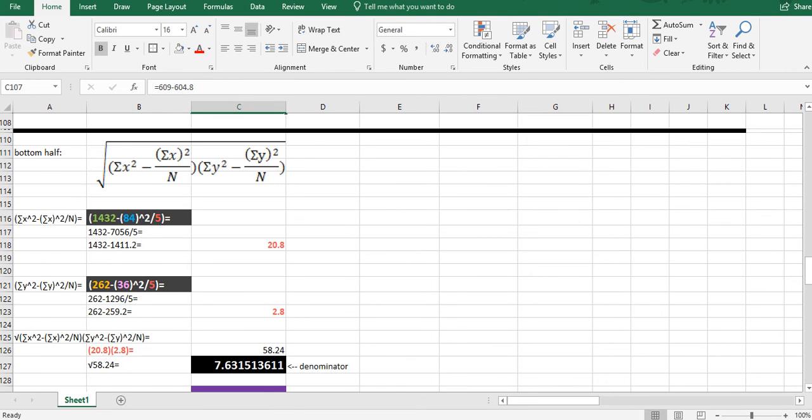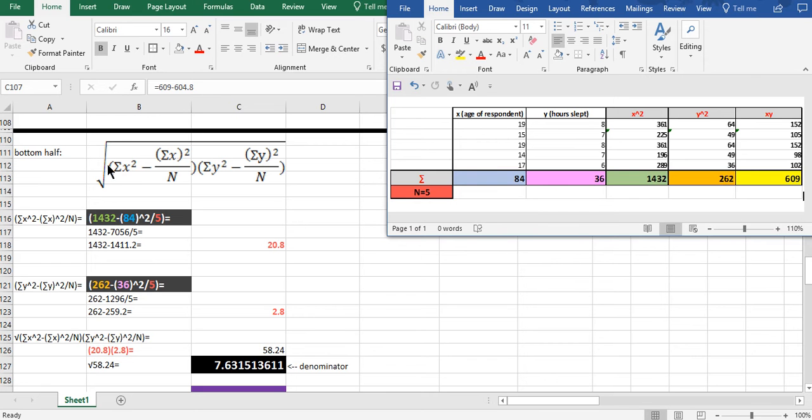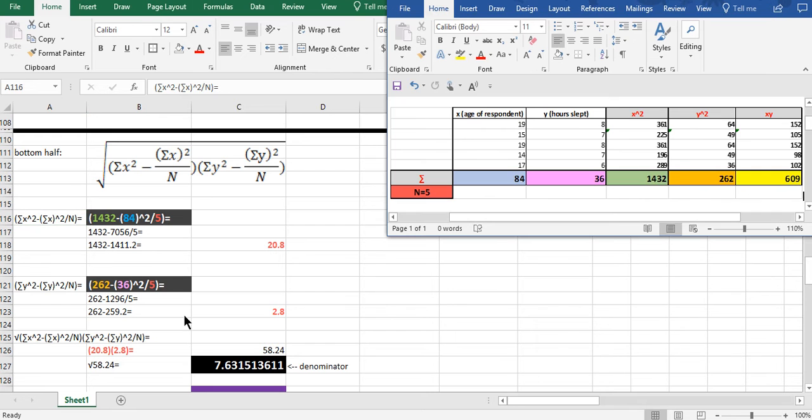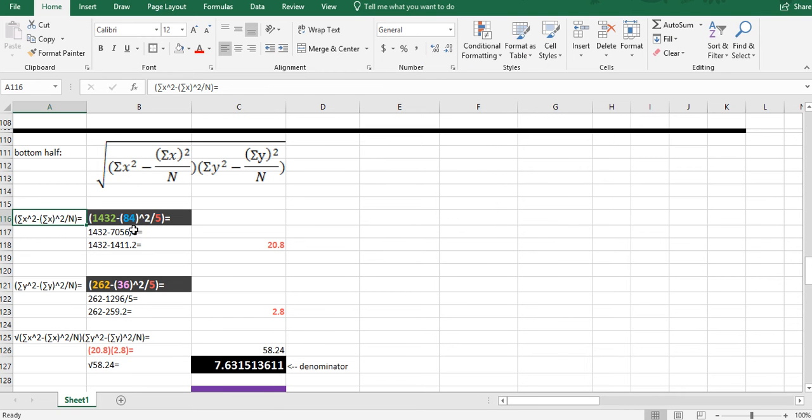Okay, table. So I know this part looks scary too, but like I said, breaking it down. Okay, so green is the sum of x squared, which is different from the sum of x, squared. When I squared 84, I got 7,056.